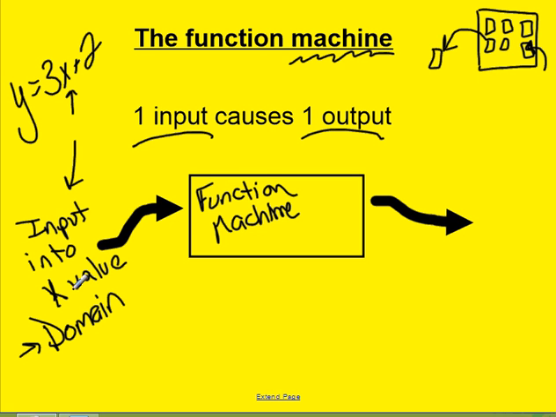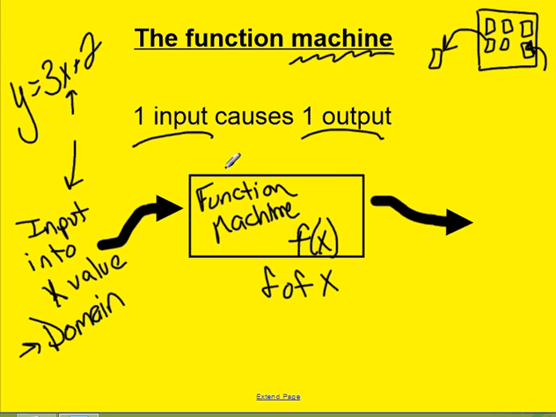Okay, so this input goes into our function machine, and something that you're going to see a lot in functions in this unit is something that looks like this, f parentheses x. In math, we usually say f of x, and x is the domain, the x value, the input, what goes into the function.